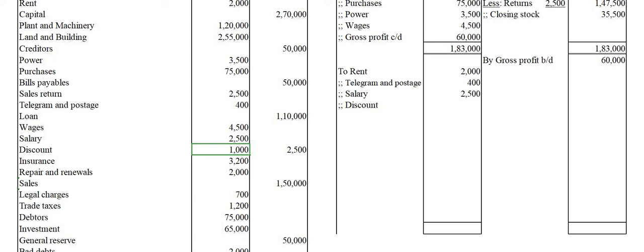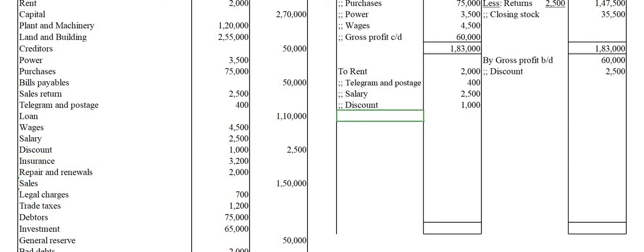Since here it is given in the debit side, it means that discount is allowed or paid. That means discount is an expense. So that can be written here. Like that, the discount amount is there in the credit side also. That means that much discount we received. So it can be shown on the credit side. Discount 2500.